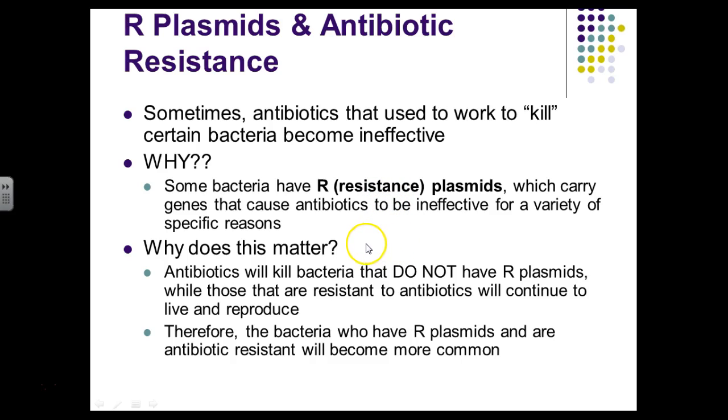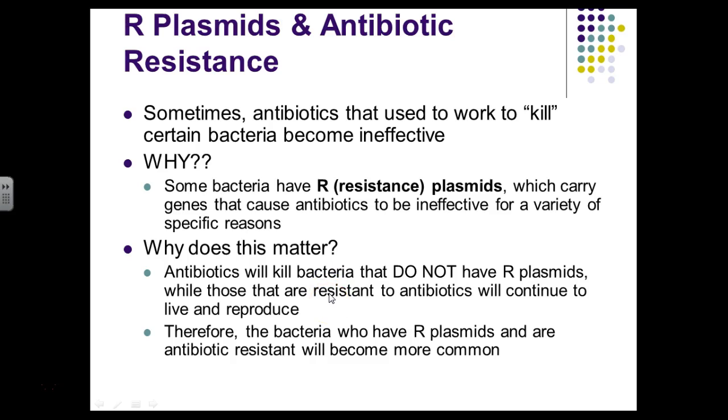Now again, I say that's bad for us because the outcome is we're seeing more and more bacteria in the environment that are totally resistant to our current antibiotics that we use to treat bacterial diseases. But if you were the little bacterial cell, this would be a positive thing for you because it would enhance your odds of surviving.